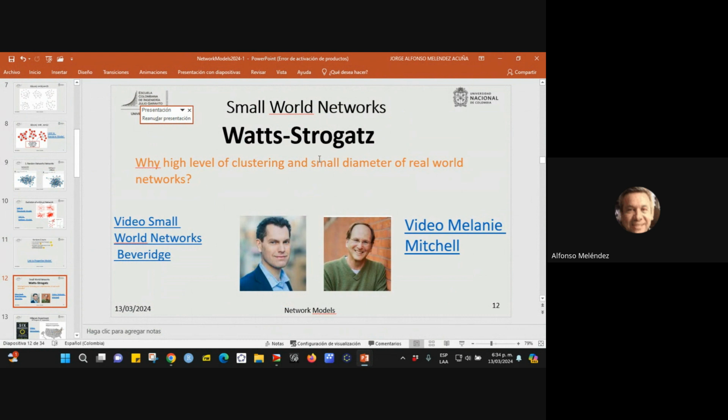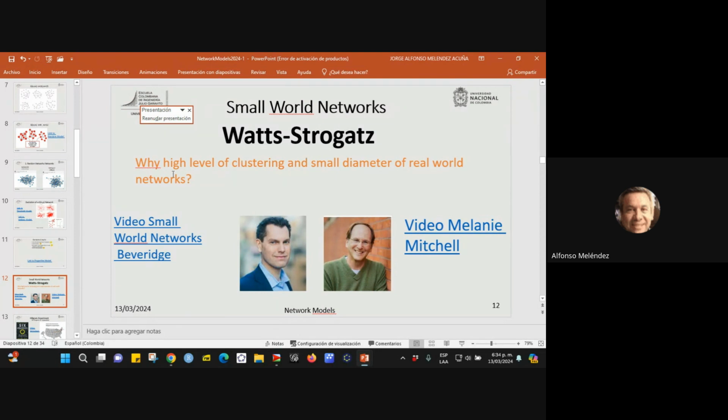The next model is the small world network. It was discovered by Duncan Watts and Steven Strogatz. They were studying fireflies, and when they were studying that, they were trying to make networks, and they discovered these small world networks.